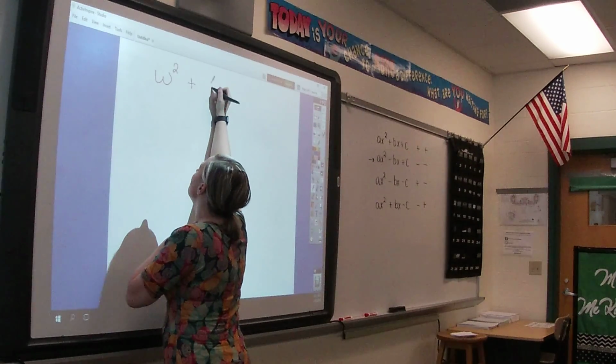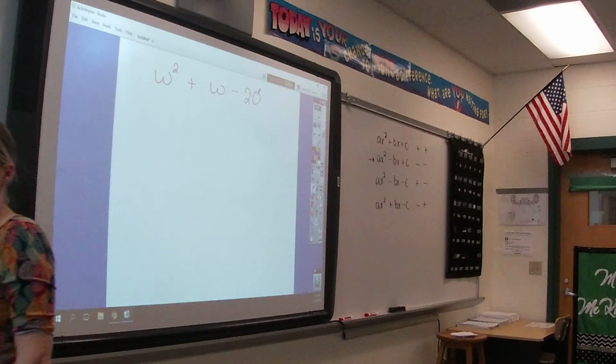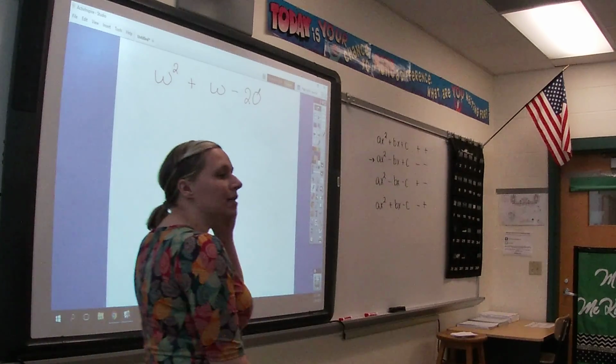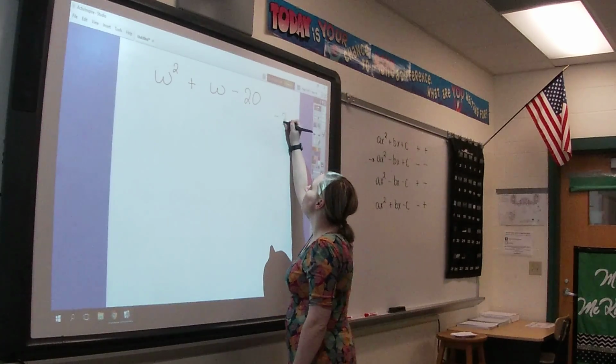W squared plus W minus 20. A times C is negative 20.